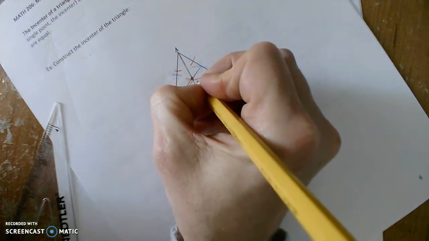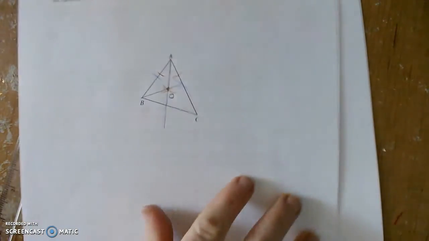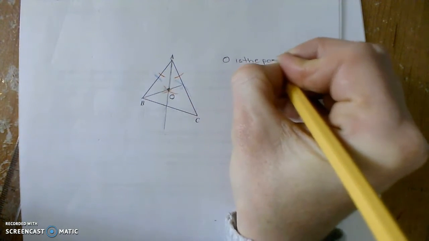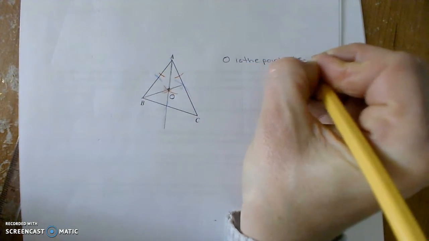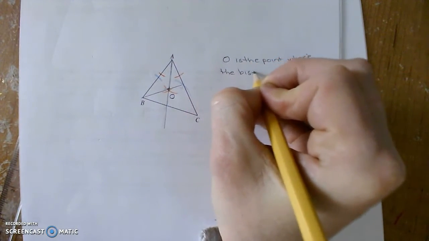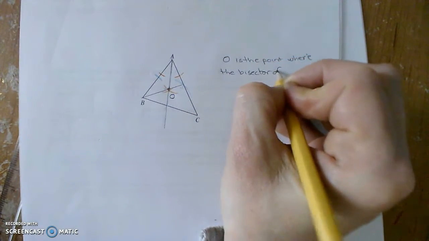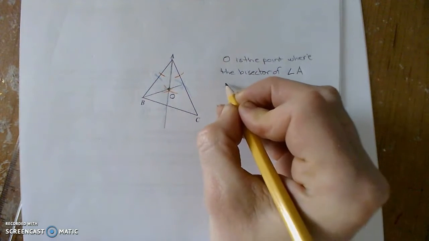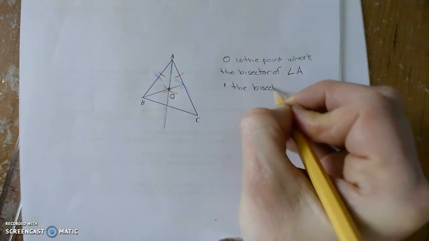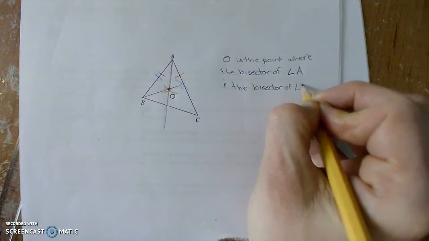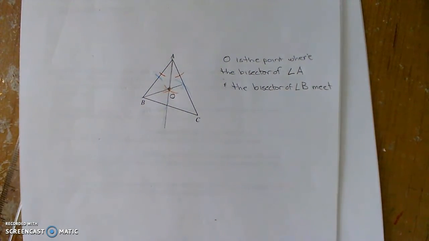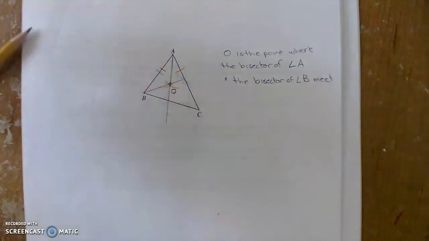Let me call it O. So here, O is the point where the bisector of angle A and the bisector of angle B meet. All right, so that's the center of my circle.